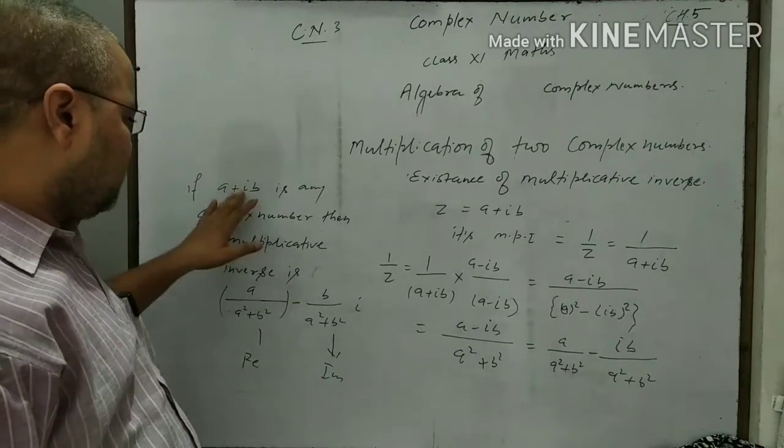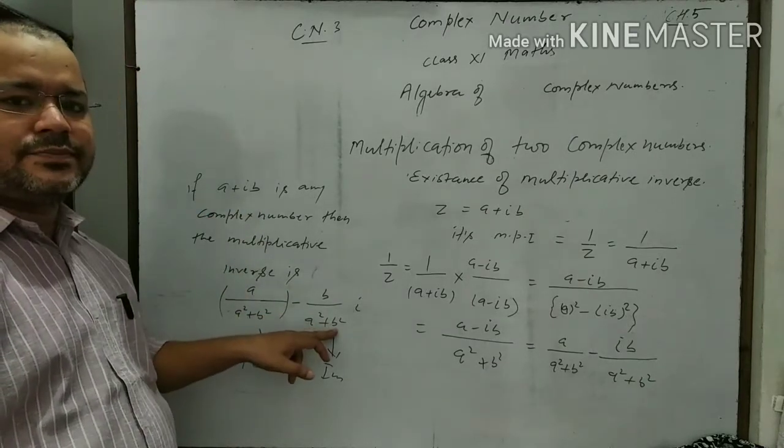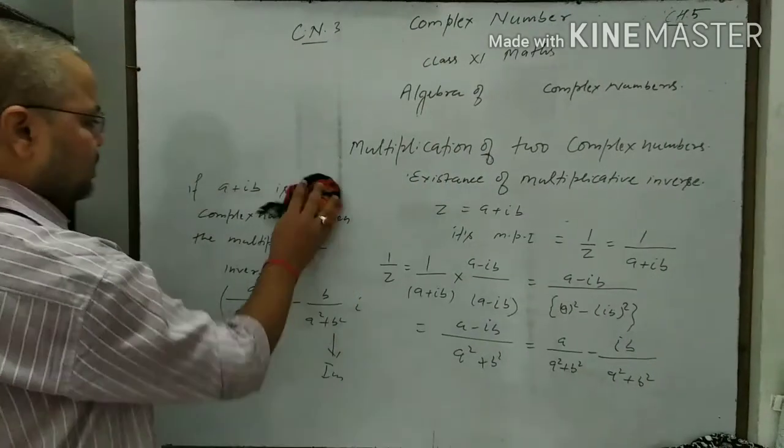And the inverse of a complex number is also a complex number. Let us see an example.